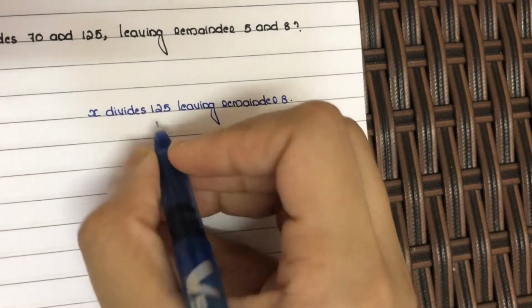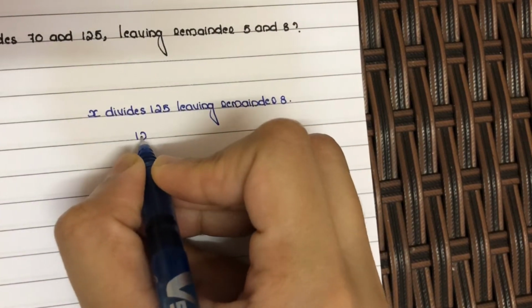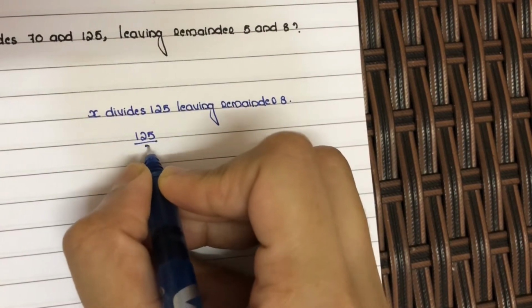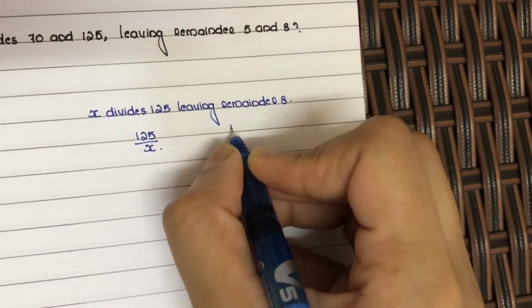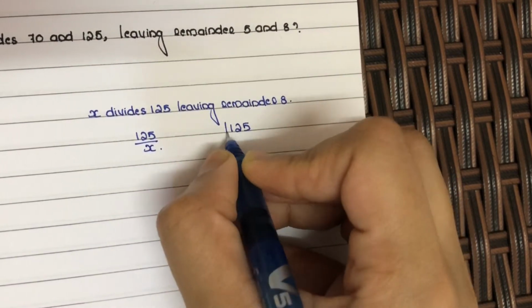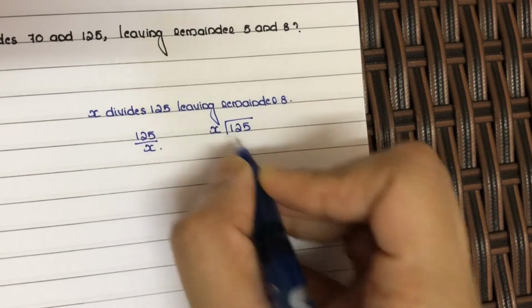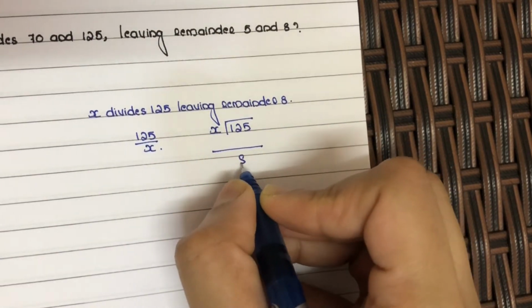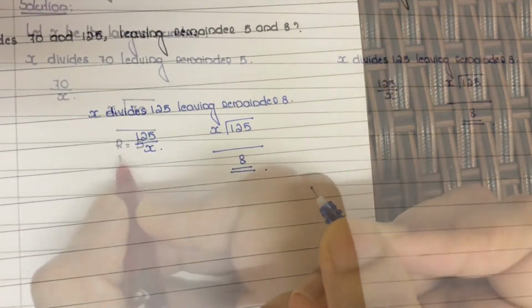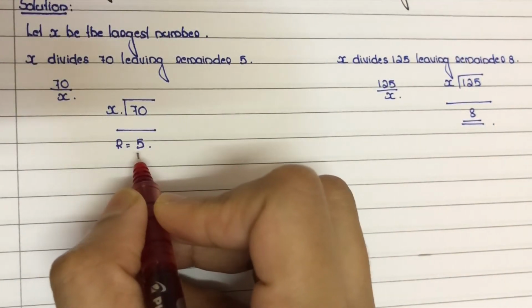Similarly here, 125 by x, right? That is 125 divided by x. Then you will get remainder equal to 8. Here remainder is equal to 5.